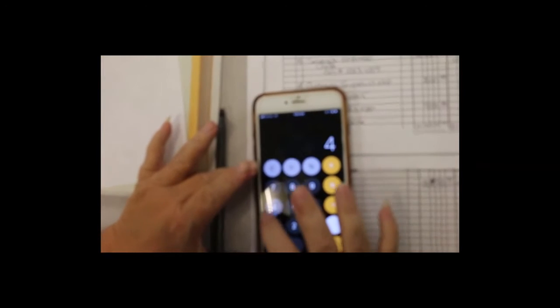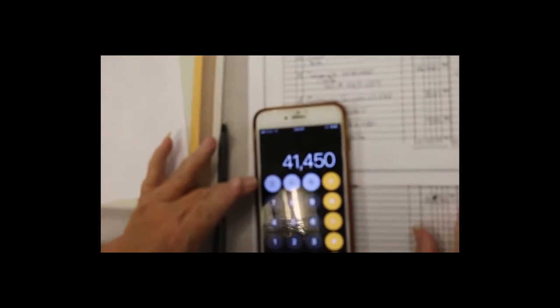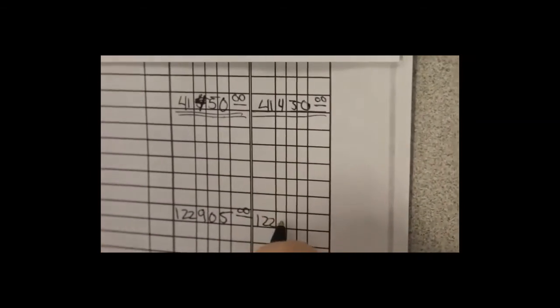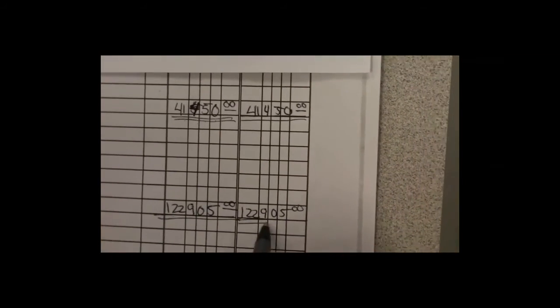I'm going to check that one again. 81,455 plus 41,450 equals 122,905. So I'm going to write here 122,905. Again, and they match.